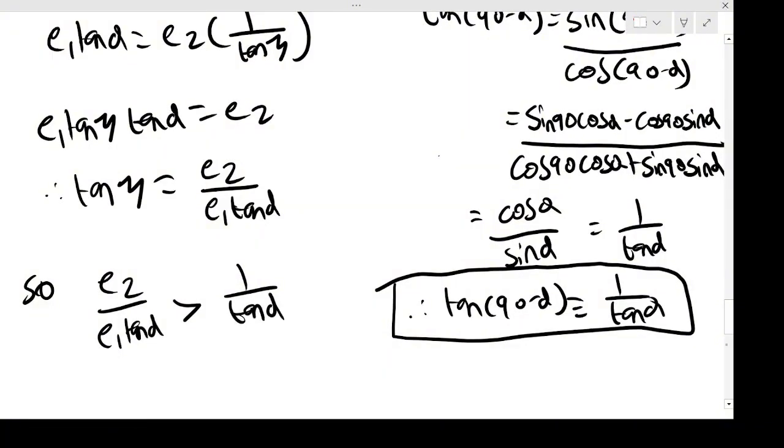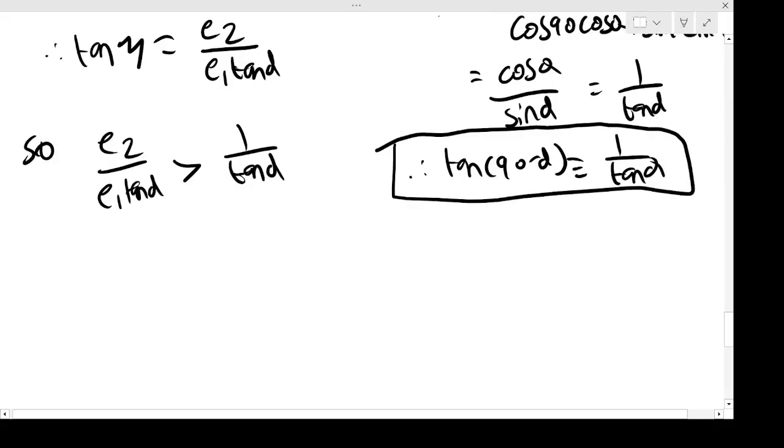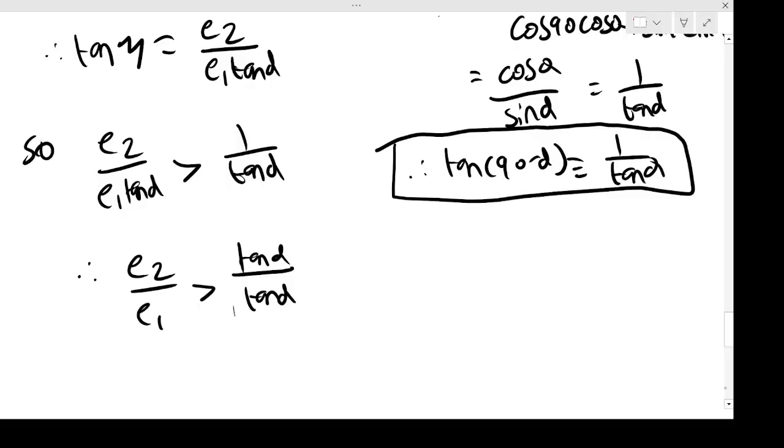Hopefully happy with that. I'm just substituting that inequality in. And so if I now multiply both sides by tan alpha, I get E2 over E1 is greater than tan alpha over tan alpha, which just goes to 1.